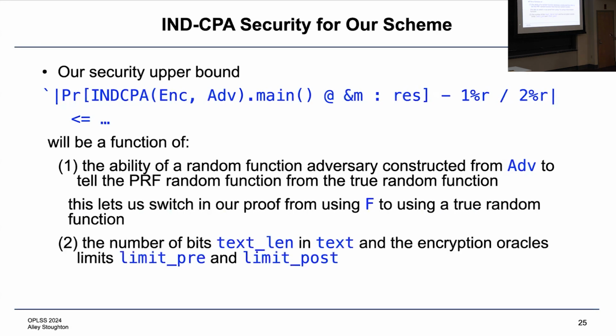It'll also be a function of the number of bits in a text value and the limits, limit_pre and limit_post. So this bit is, we saw that the bigger those limits are, the better we can do as an adversary. This bit is kind of technical, but you'll see why shortly.